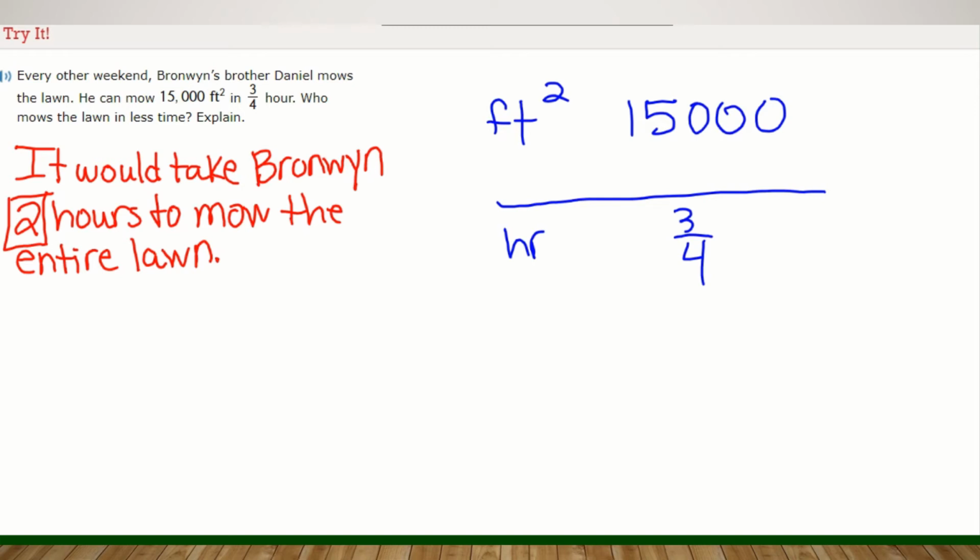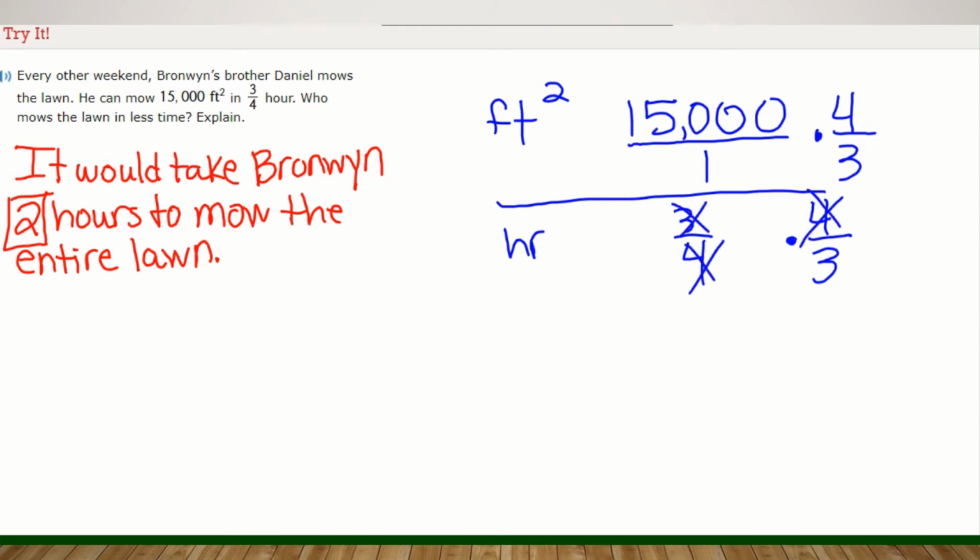Now, we cannot divide with fractions. So we multiply the numerator and the denominator by the multiplicative inverse of the denominator, which is the reciprocal. I'm going to change this 15,000 to a fraction by putting it over 1, and then multiply numerator and denominator by the reciprocal.